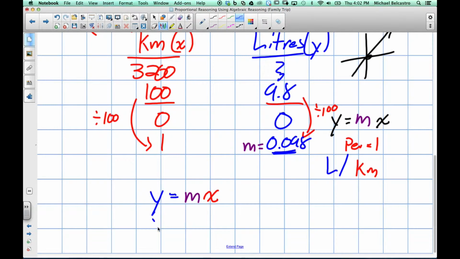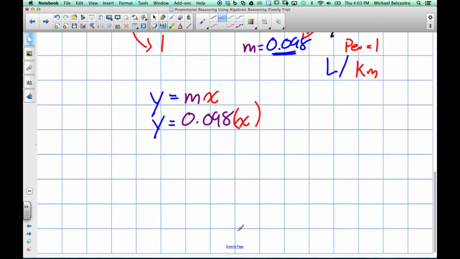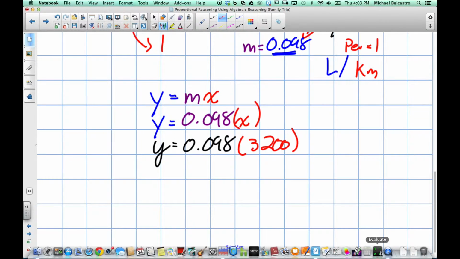So our equation now reads y is equal to 0.098 times x. This is the equation we're going to use to figure out how many liters the family uses. Now we know the family traveled 3,200 kilometers, so we're going to plug that in for our x value. Y is equal to 0.098 times 3,200. So take our calculator out here.